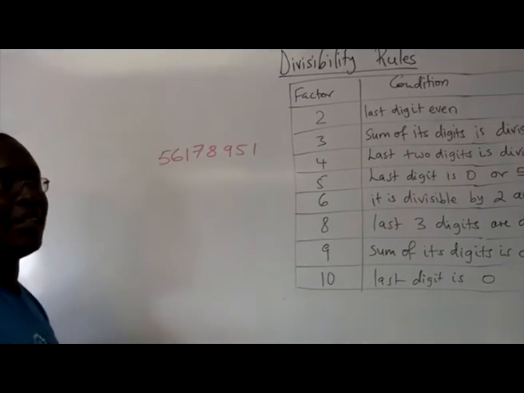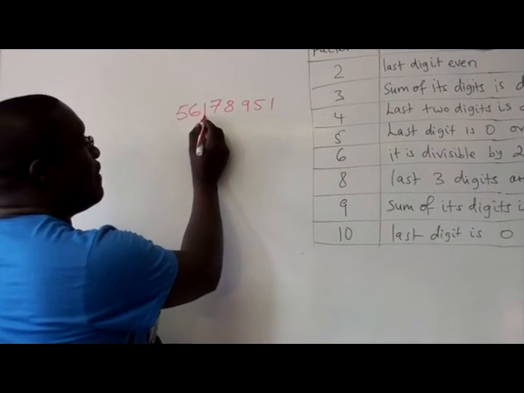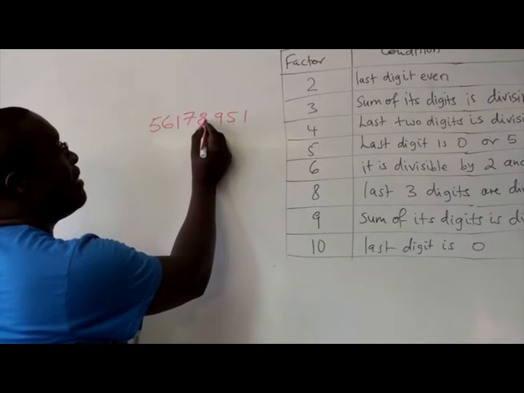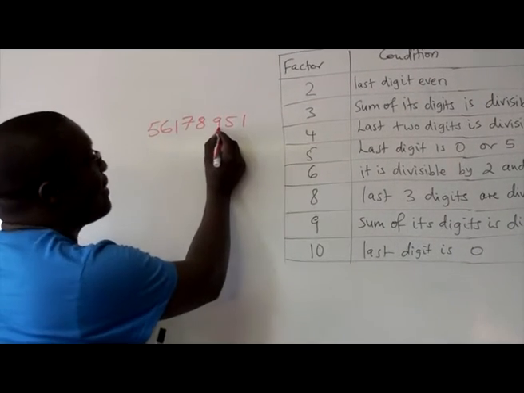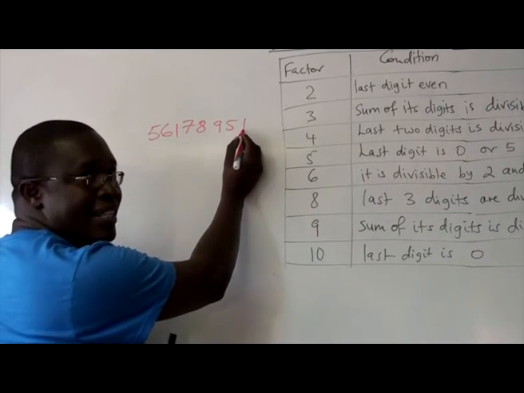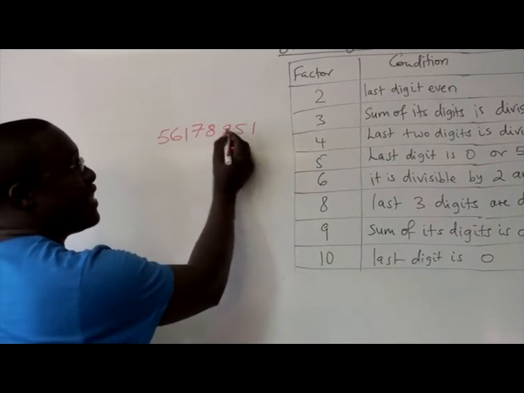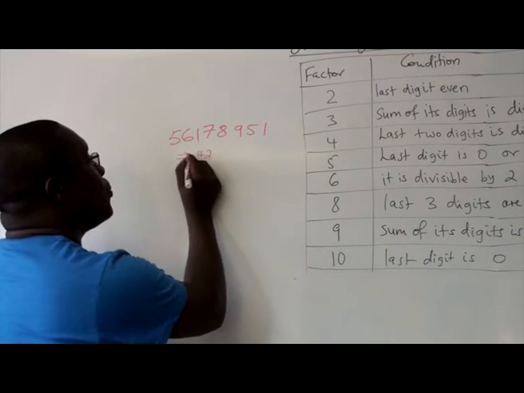We add 5 plus 6 is 11, 11 plus 1 is 12, 12 plus 7 is 19, 19 plus 8 is 27, 27 plus 9 is 36, 36 plus 5 is 41, 41 plus 1 equals 42. So if you add each of the digits up, you get a sum of 42.